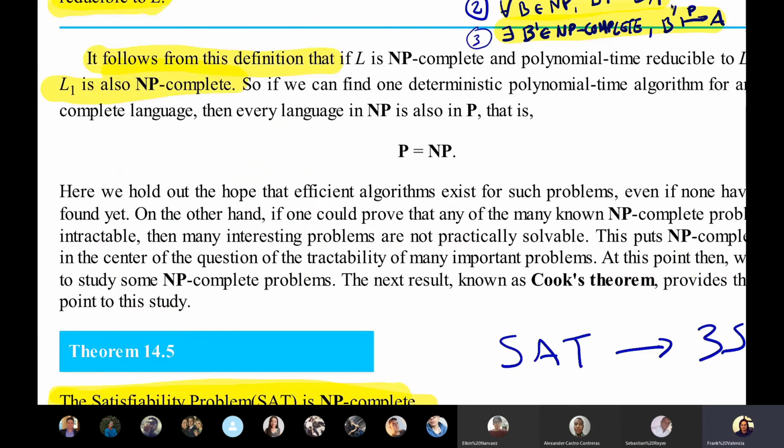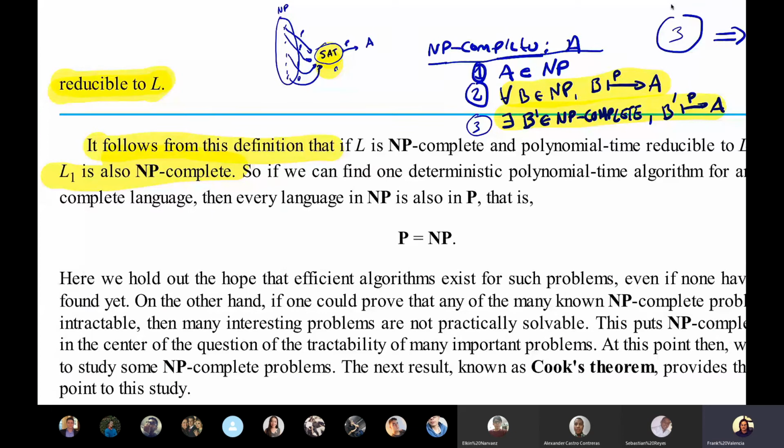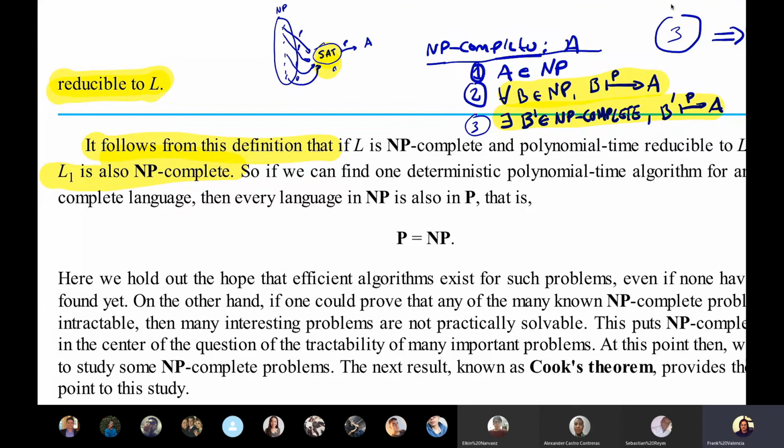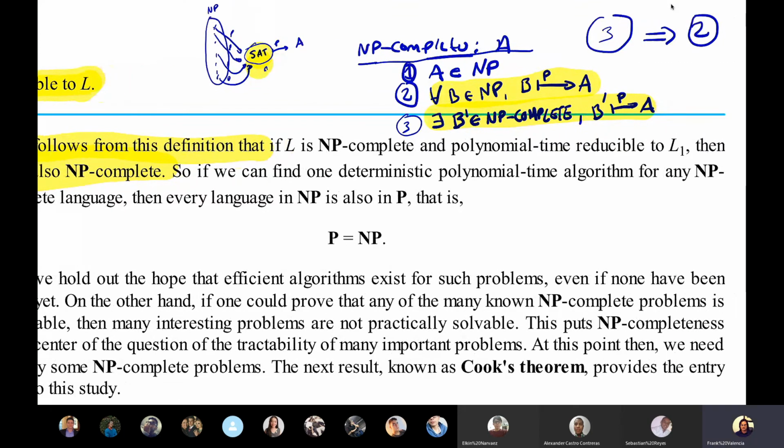Okay, so if I ask you to prove that some problem is NP complete, you can use a reduction from SAT, but now you know also that 3SAT is NP complete, right? So you can also use a reduction from 3SAT to it, or from the Hamiltonian path or clique. They all are NP complete.